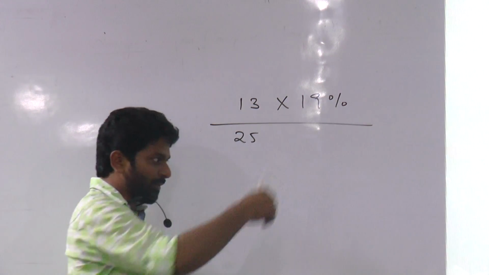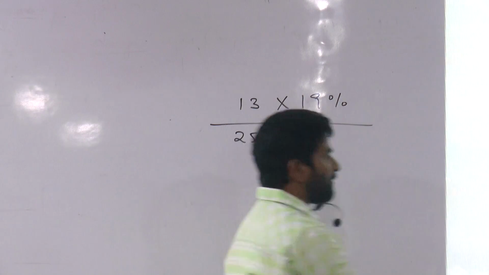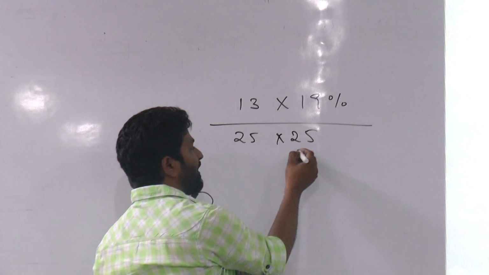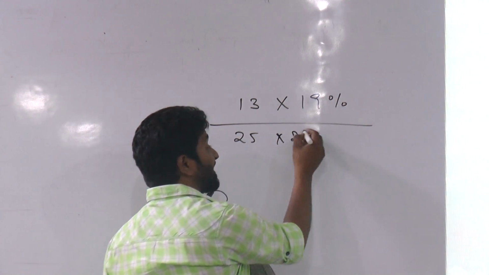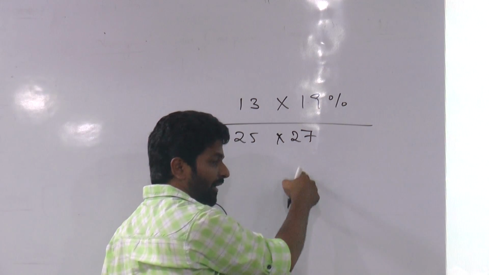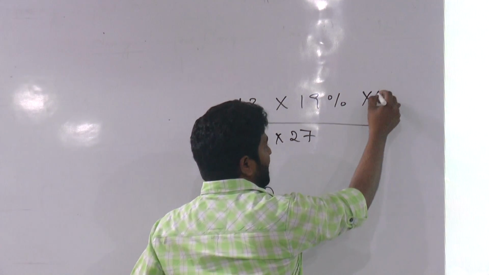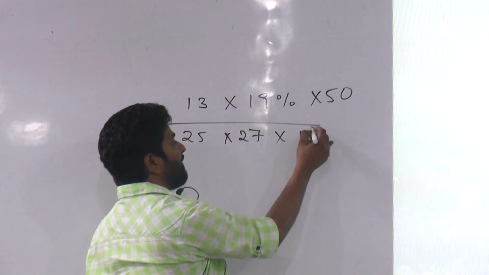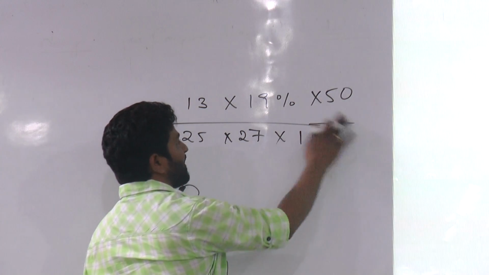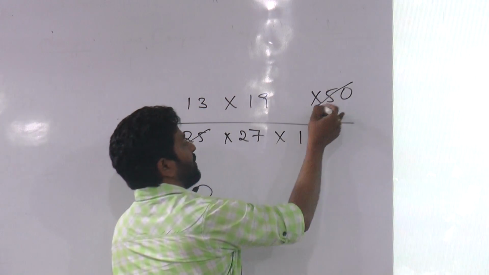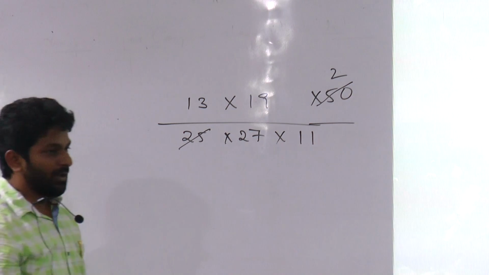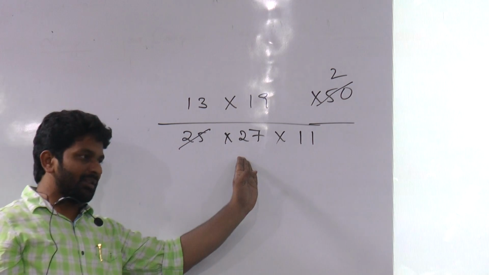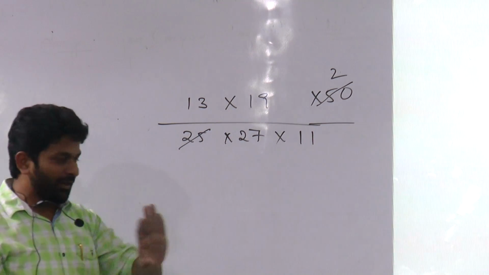These are male candidates from B. And from E we have 27 parts out of 50 parts, of 11%. Percentage gets cancelled. 25 how many times? 2 times. 13, 19 prime numbers. Denominator 11 and then this is 27. And this is going to be your final answer.